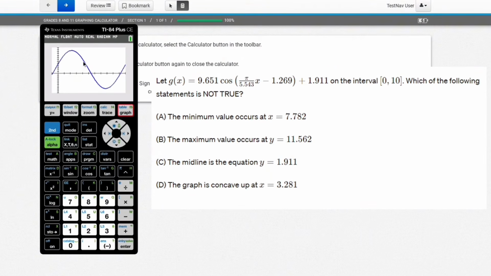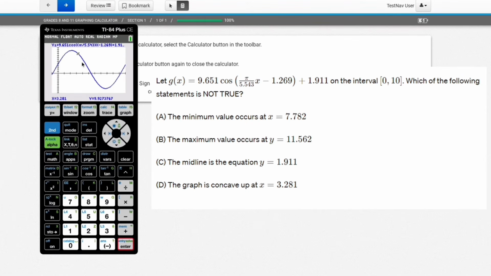If you want to find out what the y value is, and if the y value is greater than the midline number, which is 1.911, you can hit second calc and type out your value at 3.281. Since that number is much bigger than 1.911, that number occurs above the midline where it just so happens to be concave down.